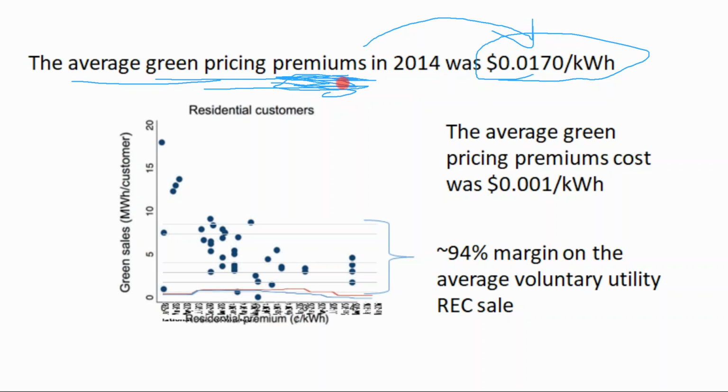It means that for every kilowatt hour sold, the utility is agreeing to buy a kilowatt hour of green electricity. And for that service, they're charging almost 2 cents a kilowatt hour. And the question is, how much does that extra green kilowatt hour that's being voluntarily purchased cost the utility to buy? The average cost of that premium green value to the utility is in many cases negligible.